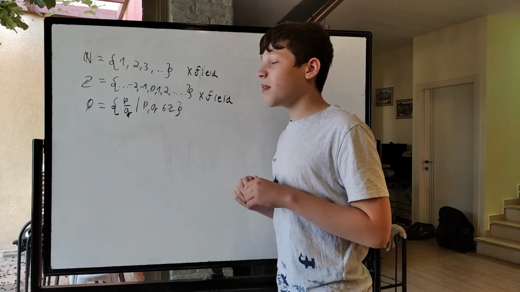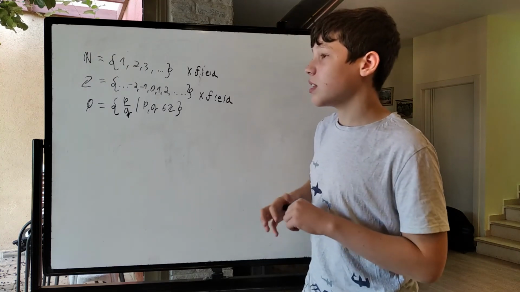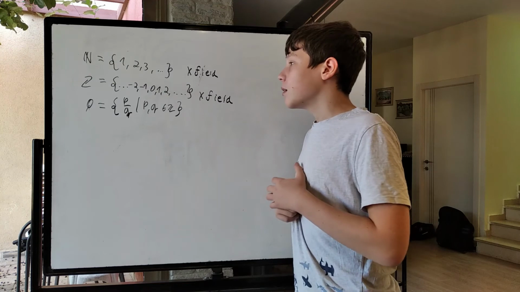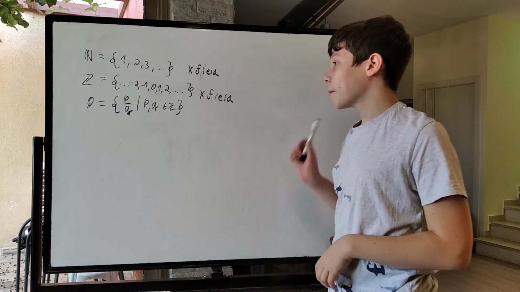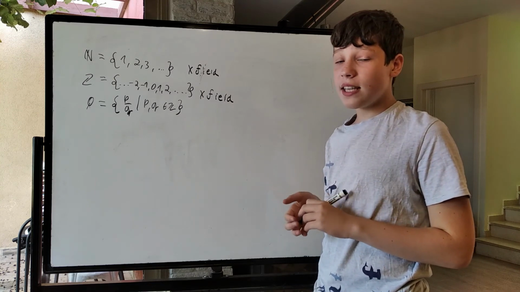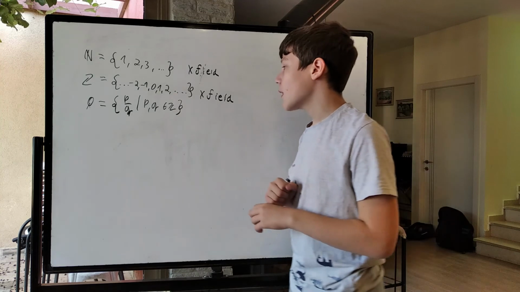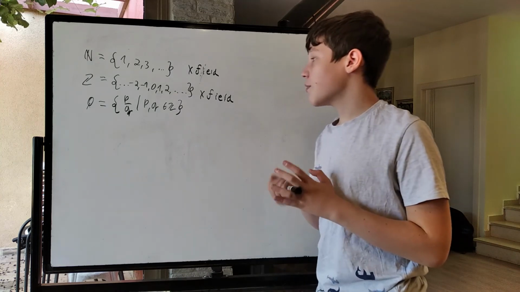So I'm not going to get into all of that jargon. But this is a field. You can check and see that it satisfies all the laws of a field. Although, again, this is not a good definition.